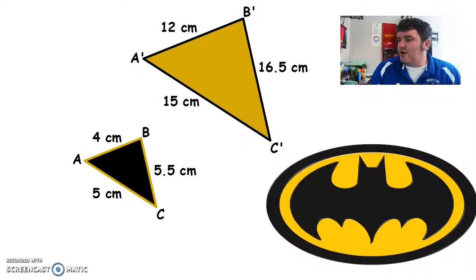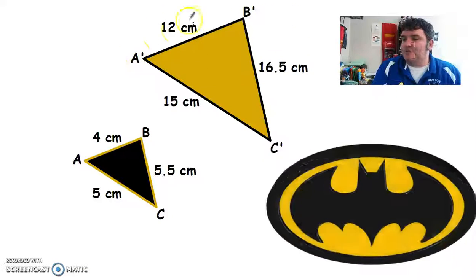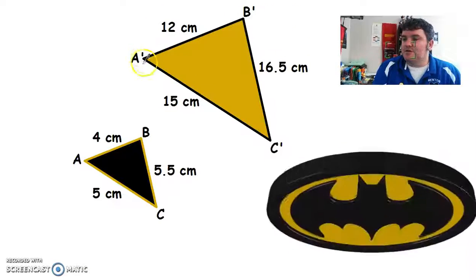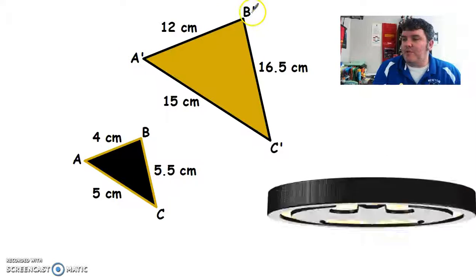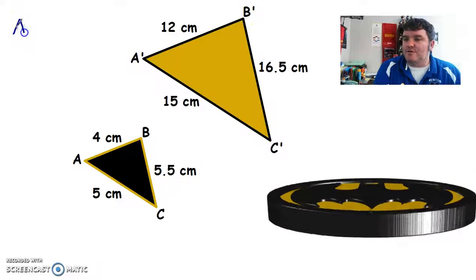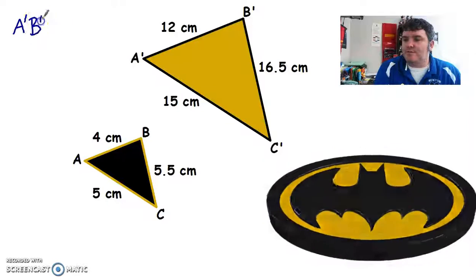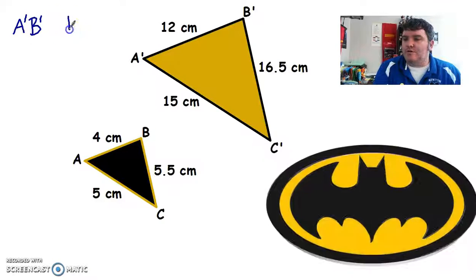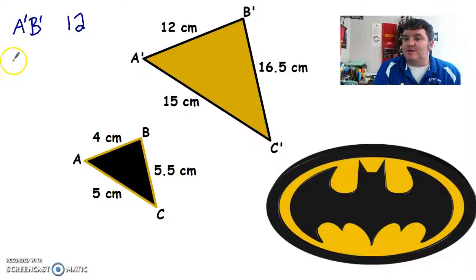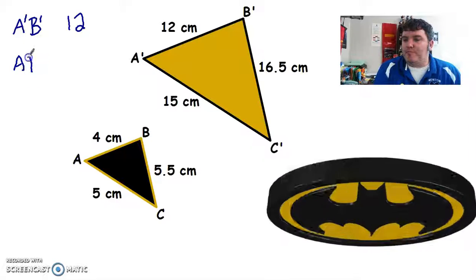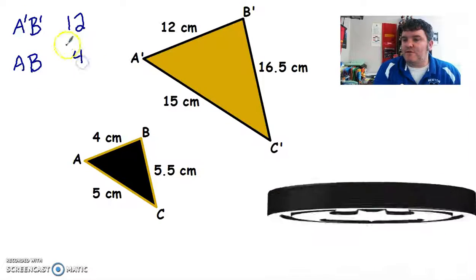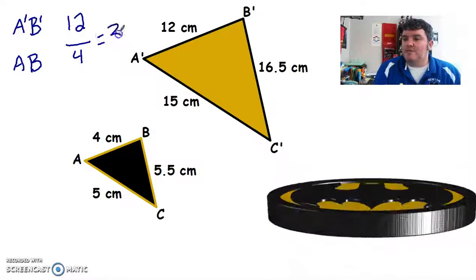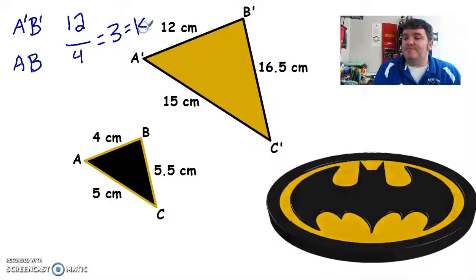Let's take a value off of the image. Remember, this is the image. So let's say the distance from A prime to B prime. From A prime to B prime, that was 12. So I take the matching AB, and that gives me 4. Divide them, and that gives me 3, which is my scale factor.